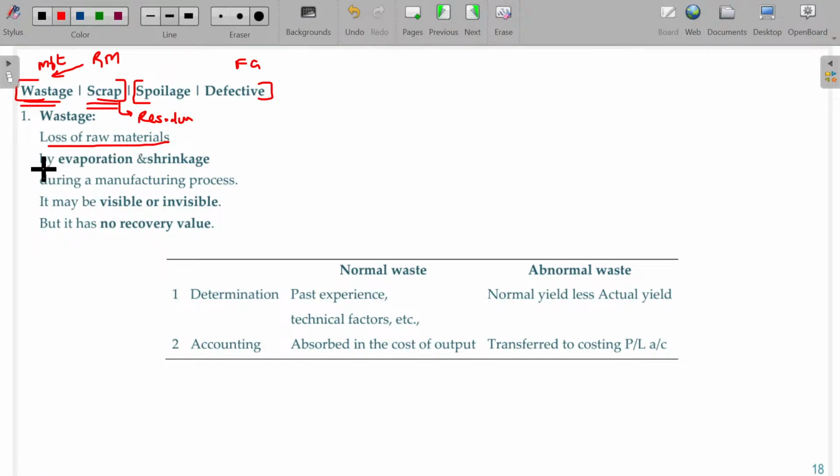This loss happens due to evaporation and shrinkage during the manufacturing process. In the case of shrinkage and evaporation, it is usually invisible. Sometimes it may have visibility also, but usually it has no recovery value. Hope you'll now be able to understand waste.